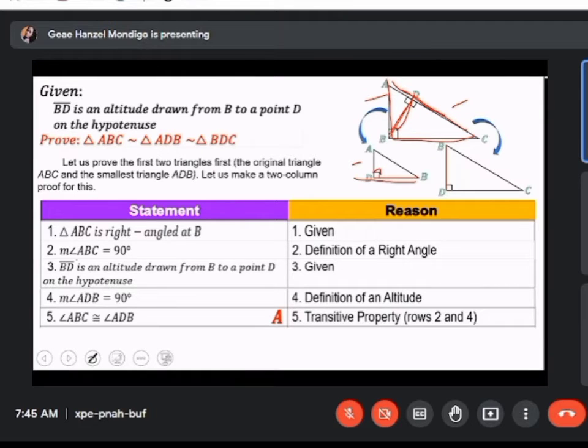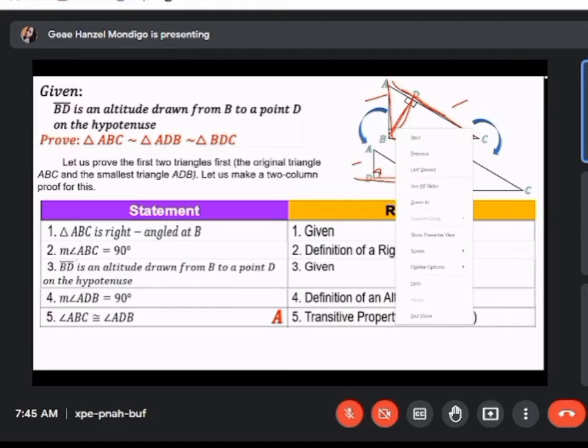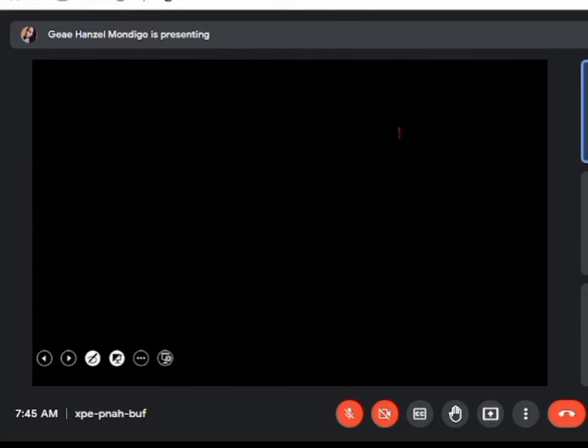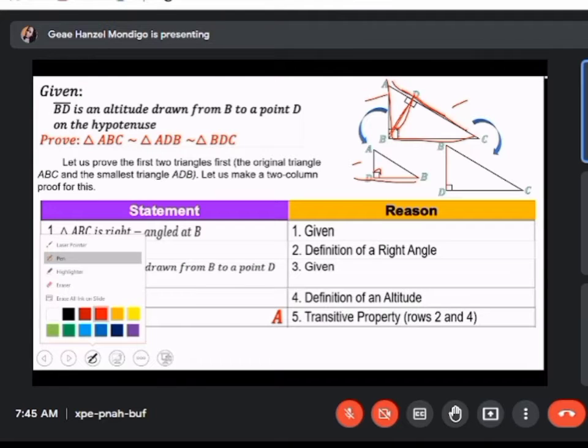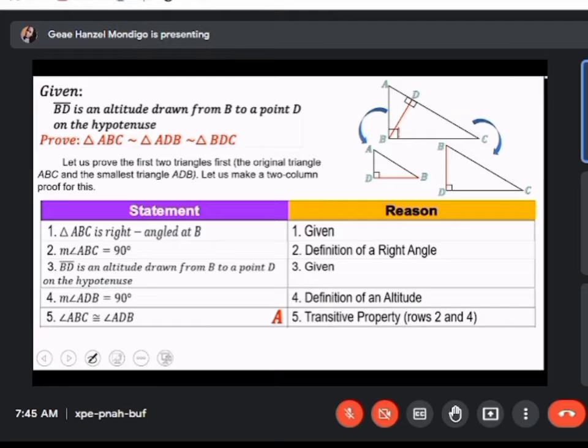The fifth is, since both our original and our smallest triangle have 90 degrees, then we can assure that the angle ABC is congruent to angle ADB.